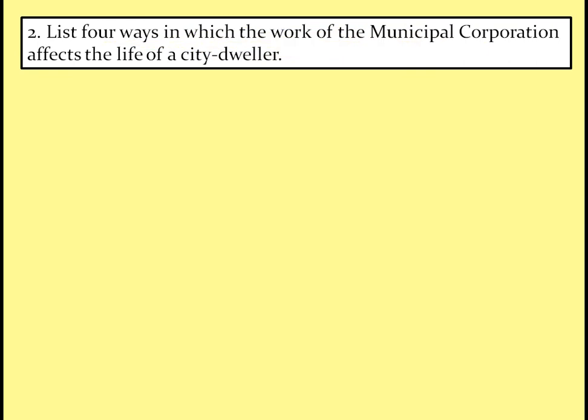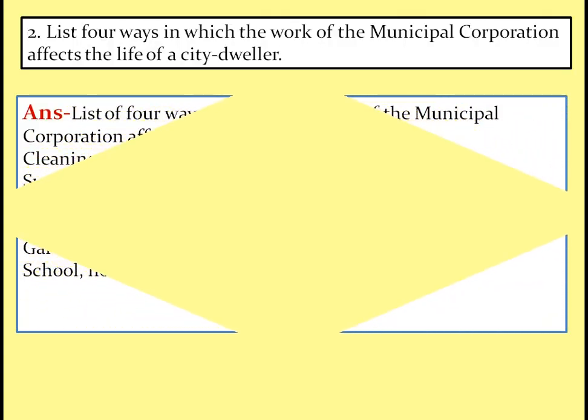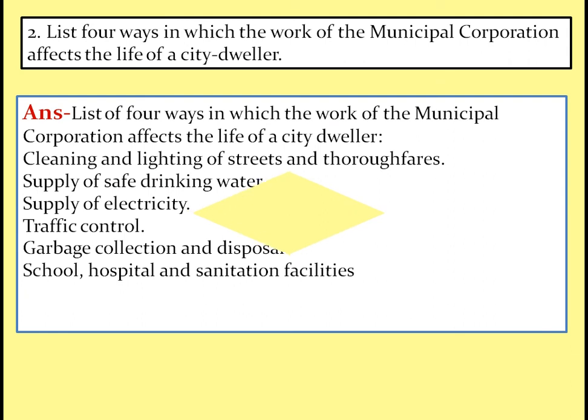Next question: List 4 ways in which the work of the municipal corporation affects the life of the city dweller. So next we are seeing all these points on how the municipal corporation is working. Please check out these points. First one is the cleaning and lighting of the streets.